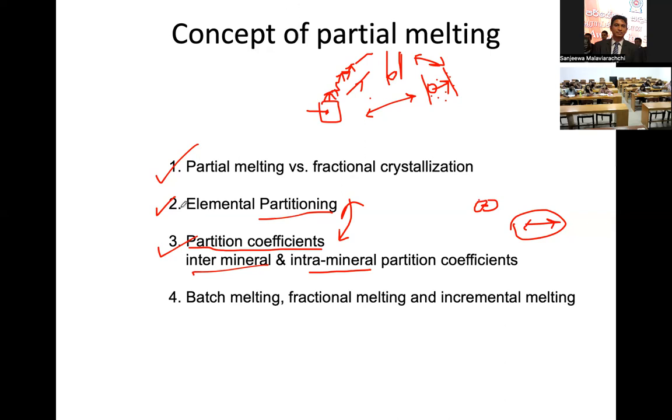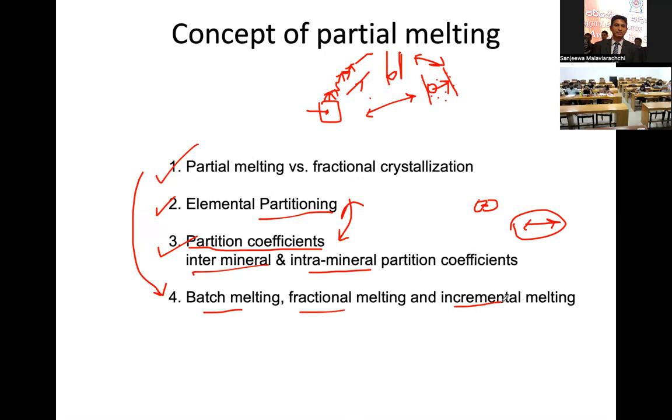And the other concept that we must understand regarding melting is the mechanisms of melting. There are three main types of mechanisms of melting, which we call batch melting, fractional melting, and incremental melting. These are the three major types of melting.